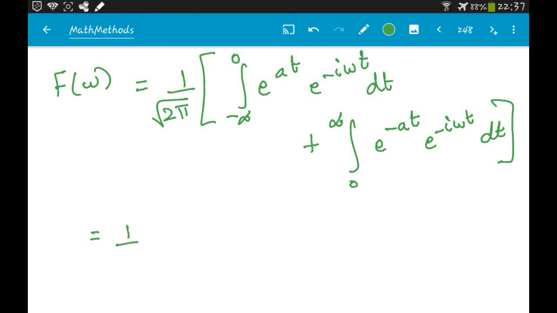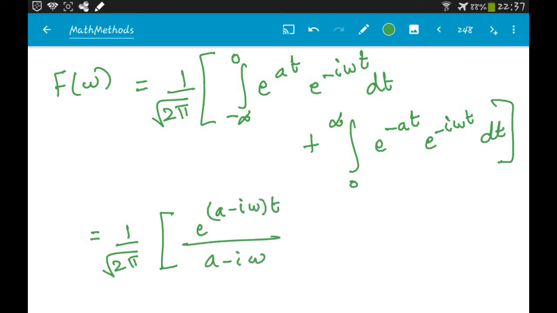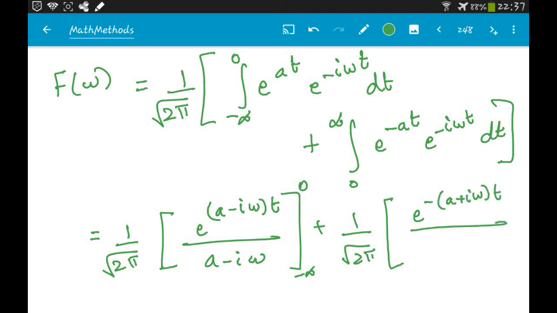So the integration for this is going to be e^((a - iω)t) by (a - iω), from minus infinity to 0, plus 1 by root of 2π e^(-(a + iω)t) by (-(a + iω)), from 0 to infinity.